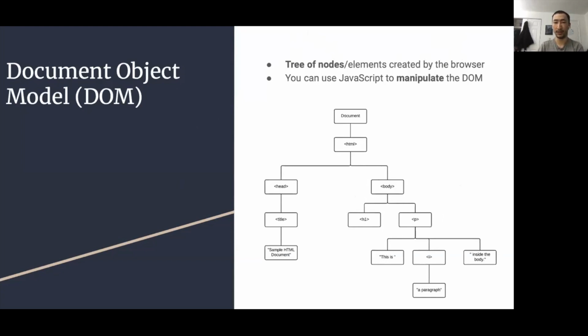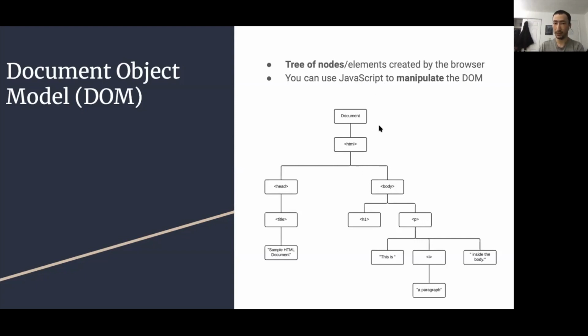So at the top, we have this document object, and under that, we have the HTML element, and under that, we have the header tag and the body tag. So you can almost treat all of your HTML elements or tags as a node, and it is represented in this hierarchical tree of nodes.